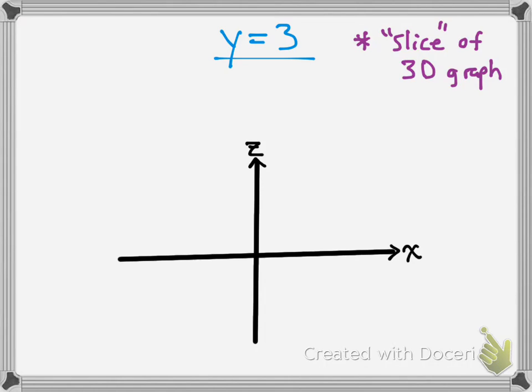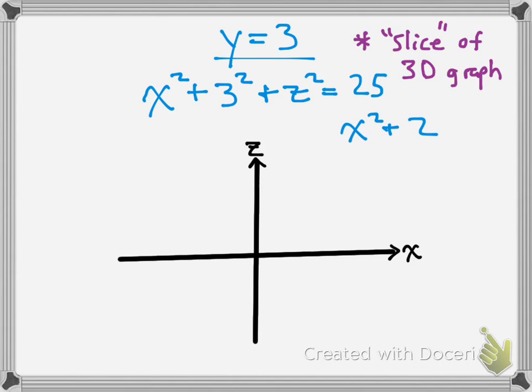So for this one, whenever you see a y, you plug 3 in. So we have x squared plus 3 squared, which was y, plus z squared equals 25. So this is just at one area of the graph. And we'll figure out that x squared plus z squared equals 16.